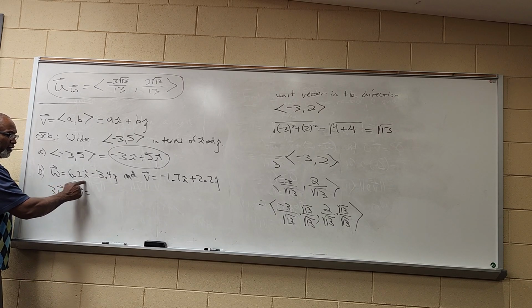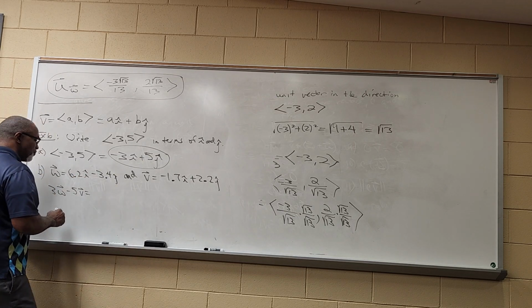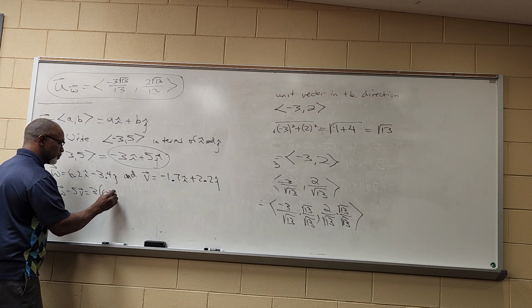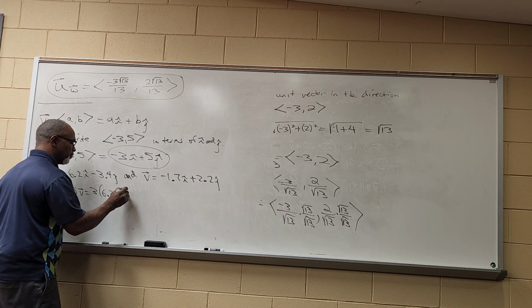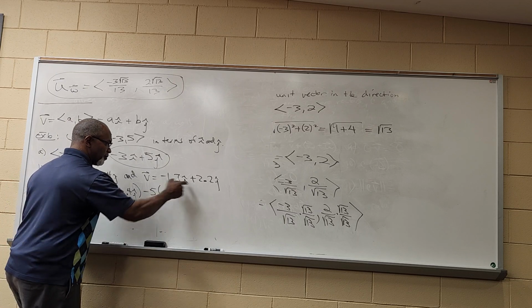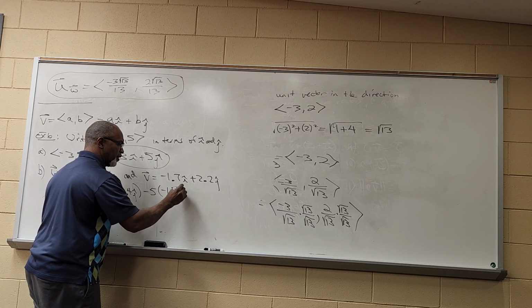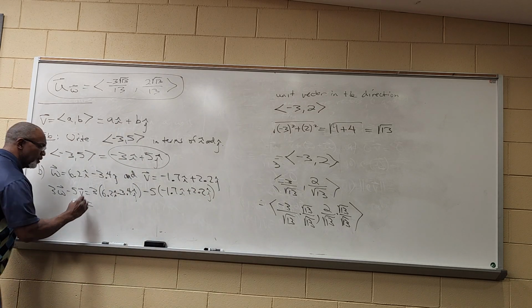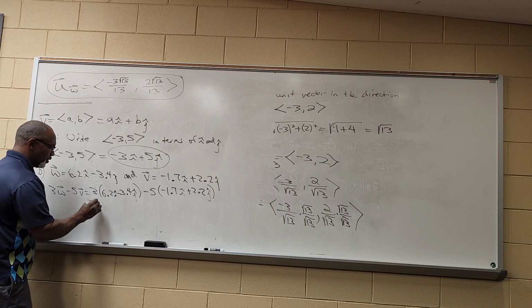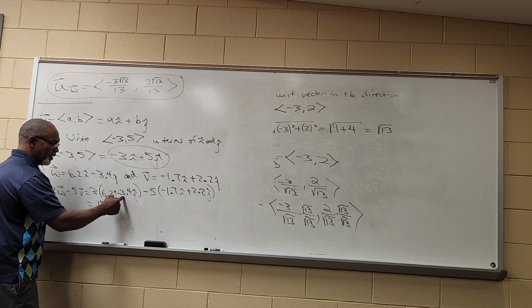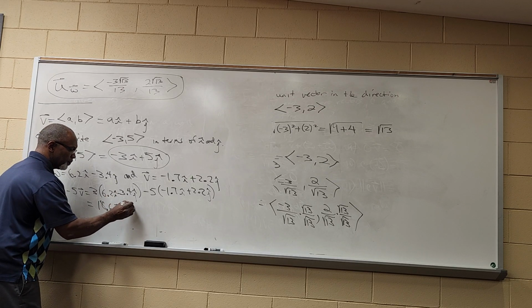So all I have to do is multiply w by 3. Remember when you multiply by a scalar, you just multiply each component by the scalar. So I'll have 3 times 6.2i minus 3.4j, and then minus 5 times v, negative 1.7i plus 2.2j. 3 times 6.2 is 18.6i. 3 times 3.4 is negative 10.2.